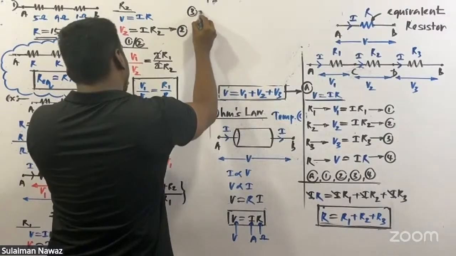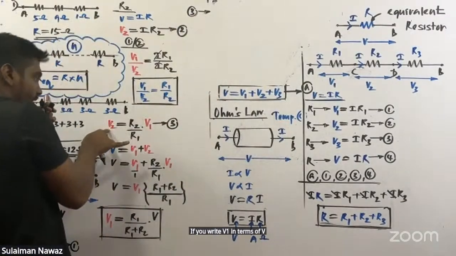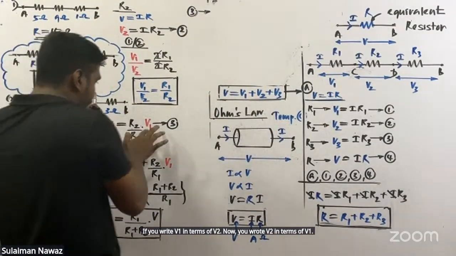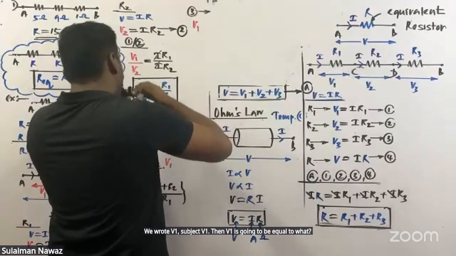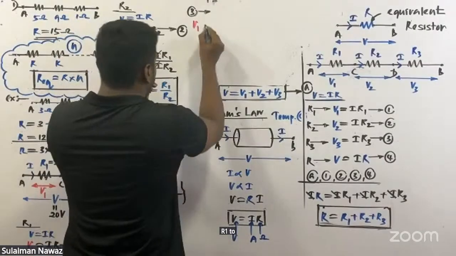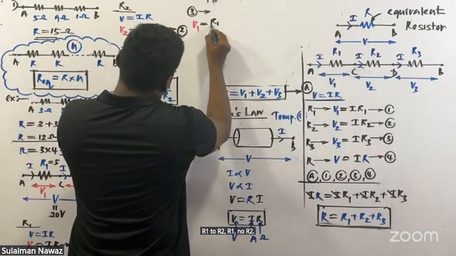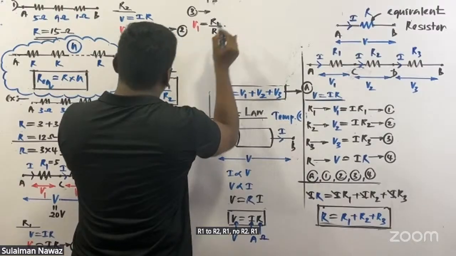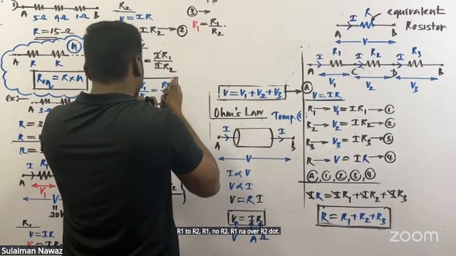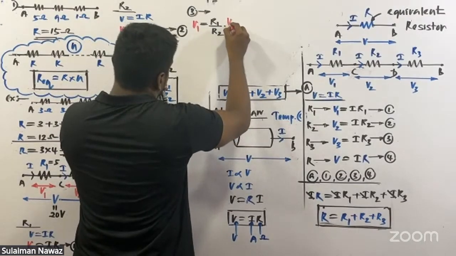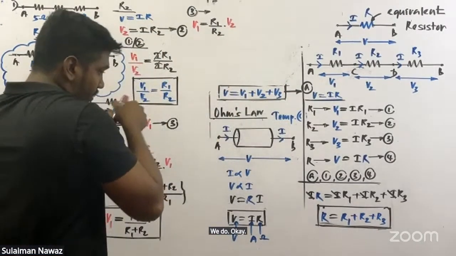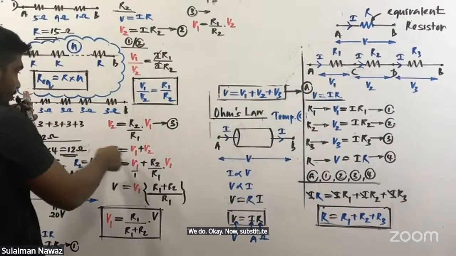We wrote V2 in terms of V1, and now V1 is going to be equal to R1 over R2 dot V2.